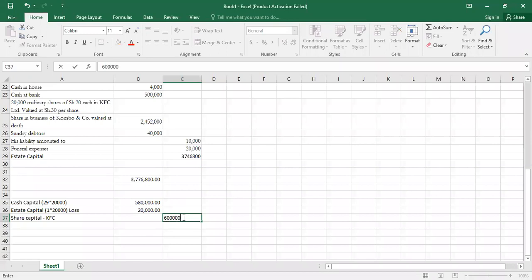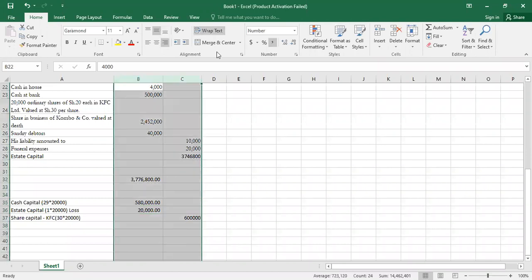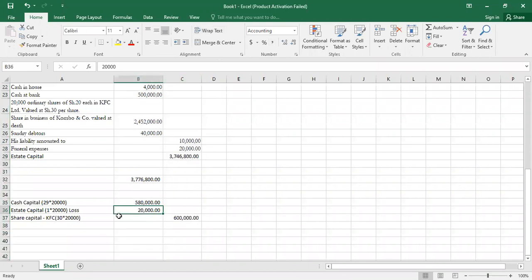This is the value of the shares because our shares are prevailing at 30 and they are 20,000. But we've decided to sell them ex-div. In that ex-div, we've incurred a loss of 20,000. So to complete the double entry, we've debited the 20,000 loss, but our shares are valued at that amount. Is that clear? We go on.